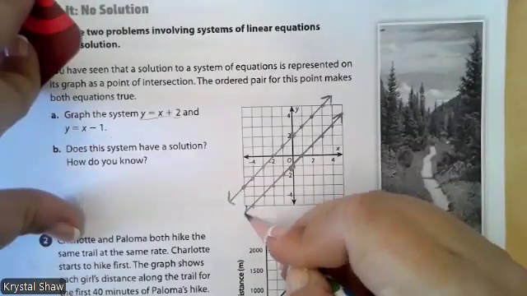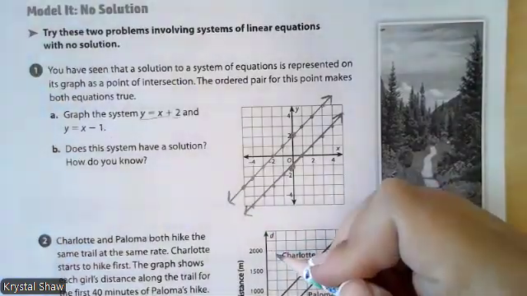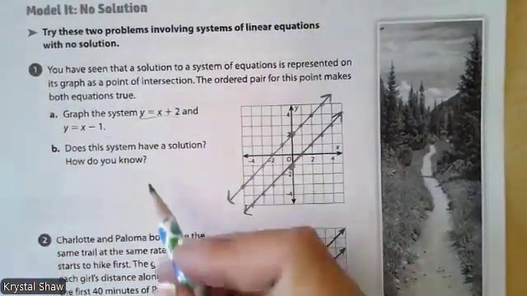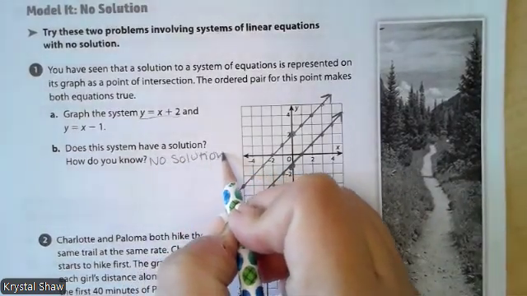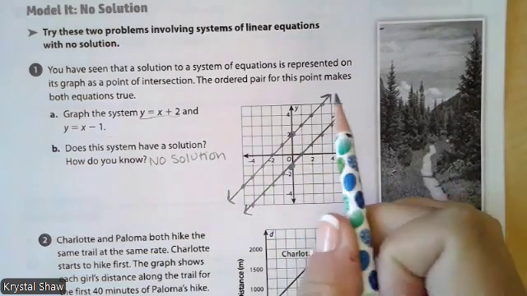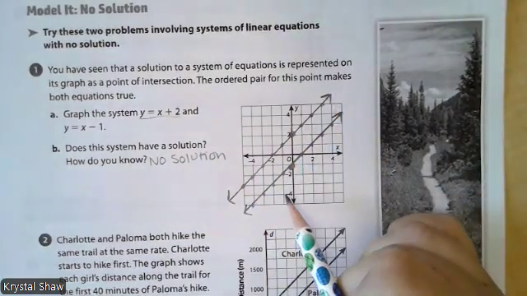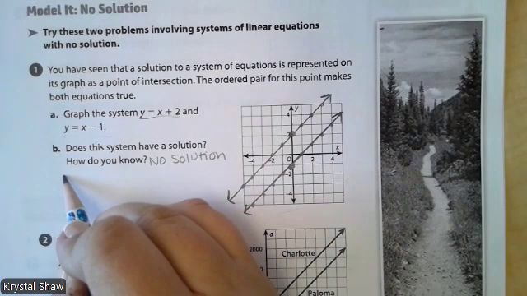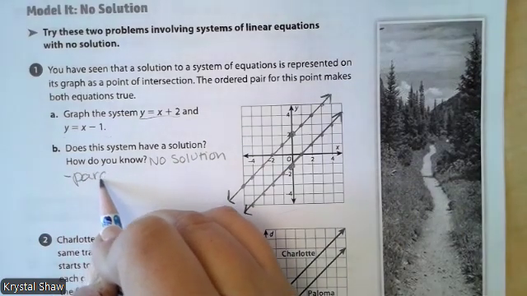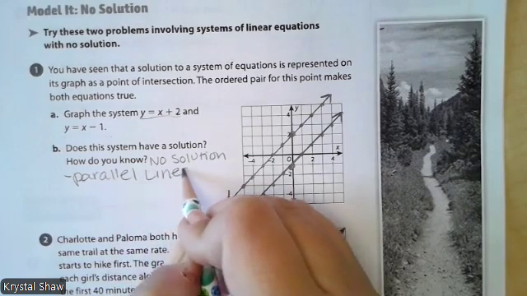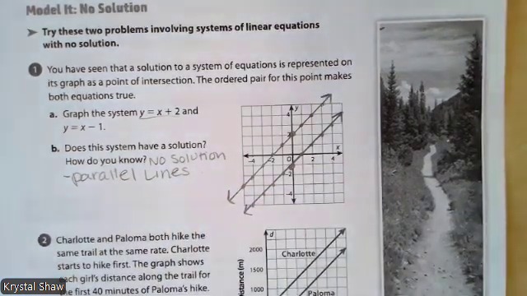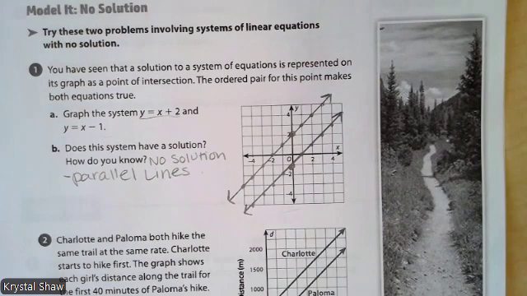Now that I'm done graphing, what I should notice here is that this is a no solution. Again, this is a no solution due to the fact that there's no intersection of my lines. These lines are parallel. So therefore, they're never going to intersect.